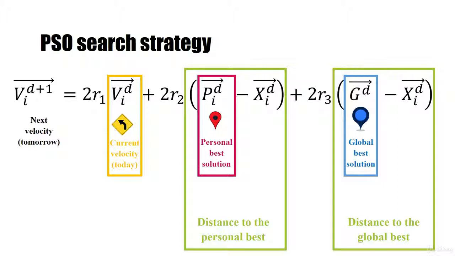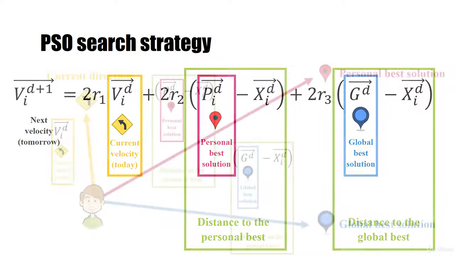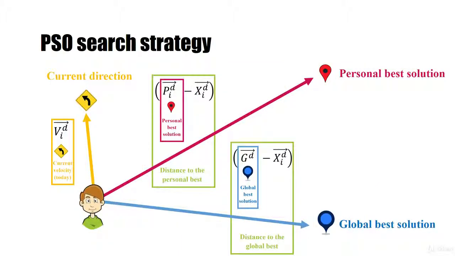For the second and third components, we need to calculate the distance to the personal best and the distance to the global best. Each component is multiplied by 2 times r to randomly increase or decrease its impact. So this is where each component is.